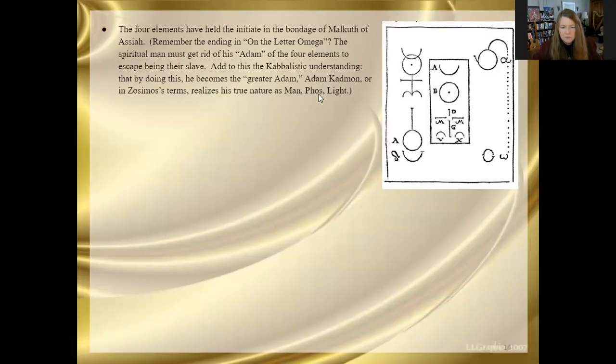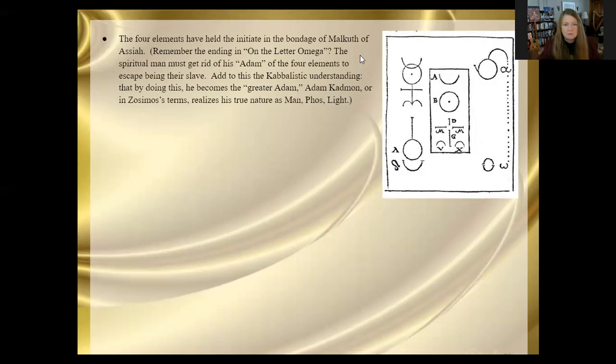Okay, so what we have here, let's sum it up. He said this many different ways, and now it's pretty clear. The four elements have held the initiate in the bondage of Malkuth of Assiah, wandering around in the darkness. Remember the ending of On the Letter Omega: the spiritual man must get rid of his atom of the four elements to escape being their slave.